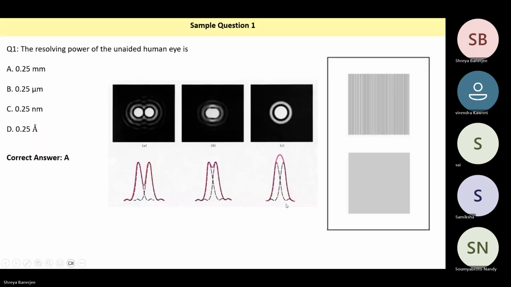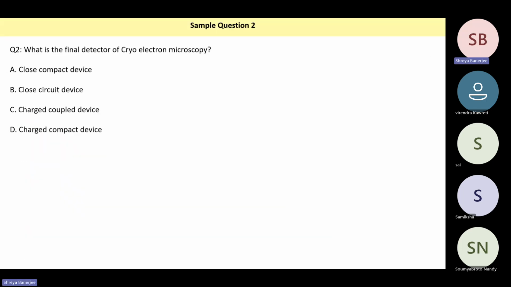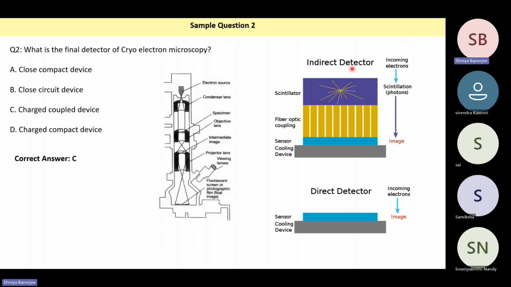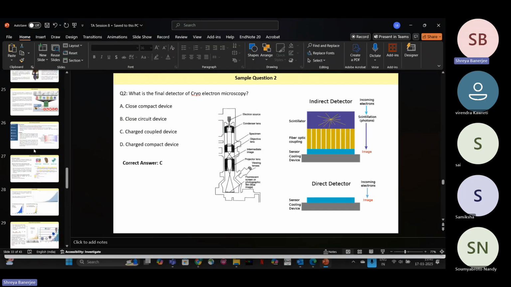Okay. The next question is asking, what is the final detector in a cryo-electron microscope? So the answer to this is charge coupled device. There are different kinds of detector. I'll go back again to that slide.